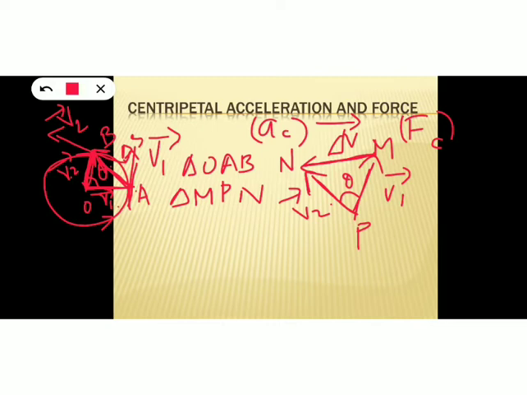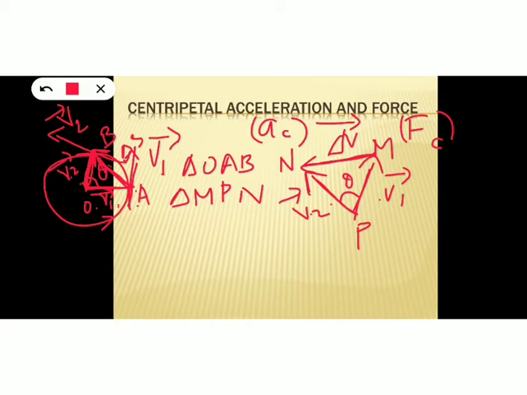The perpendicular of R1 is V1 and the perpendicular of R2 is V2, so the angle between V1 and V2 will be the same angle, theta. So both have the same angle theta, and also the magnitudes of V1 and V2 and the magnitudes of R1 and R2 are equal, so our sides are equal. So both are similar triangles.